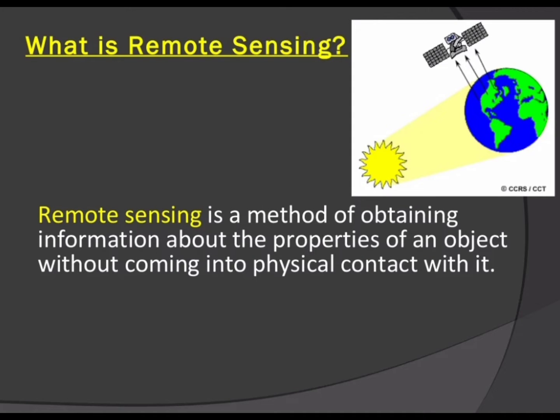What is remote sensing? Remote sensing is a method of obtaining information about the properties of an object without coming into physical contact with it.